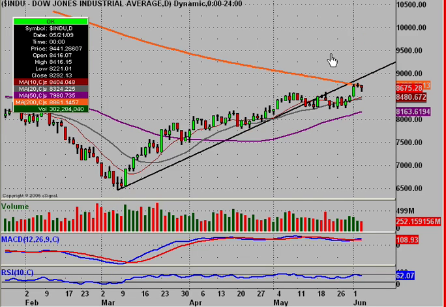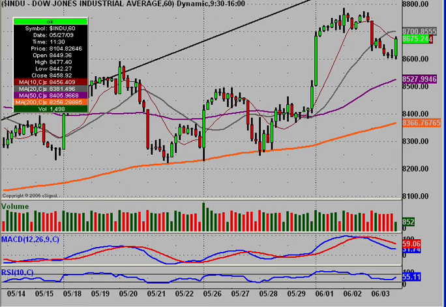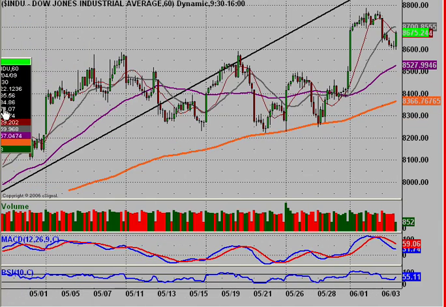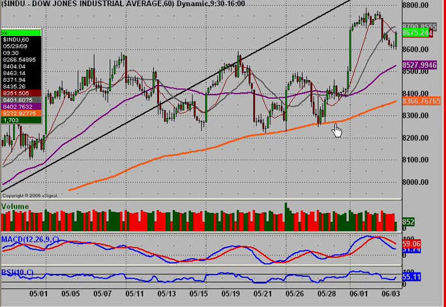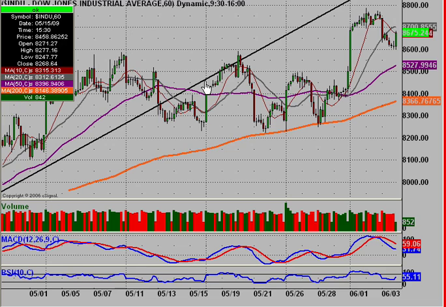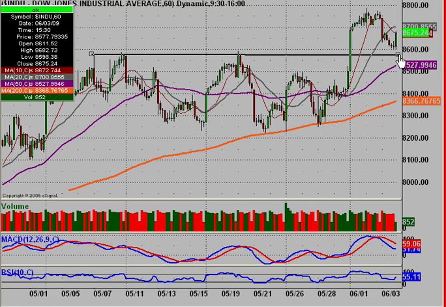So now I want to take a hop back to the 60-minute chart and talk about what we see here. The 60 minutes is looking better in terms of the action. What I mean by that, I'll get this trend line out of here for now. But you can see that we had this area of resistance coming across here.